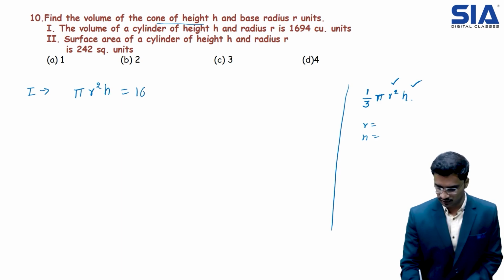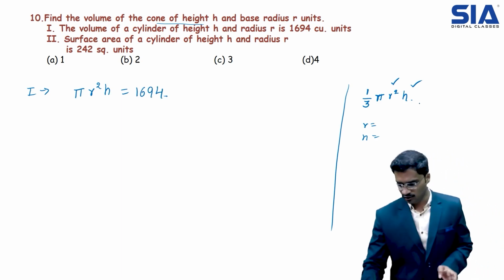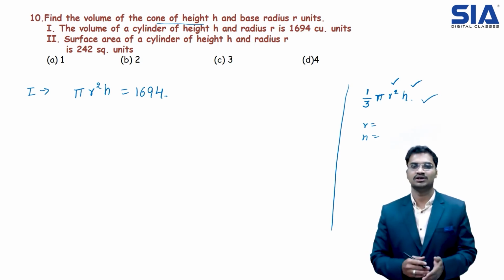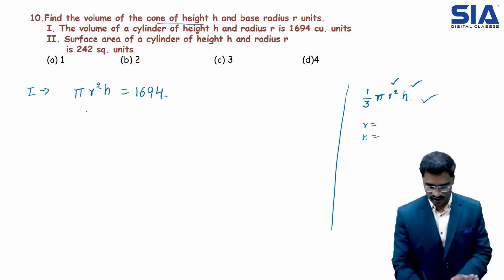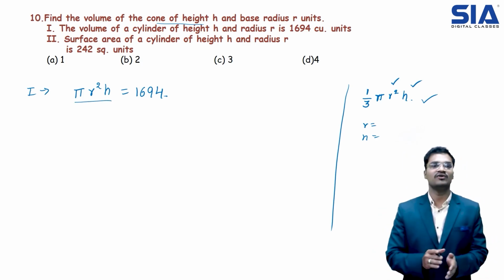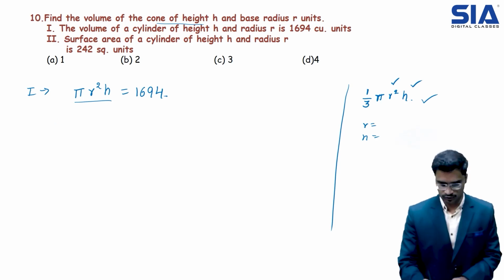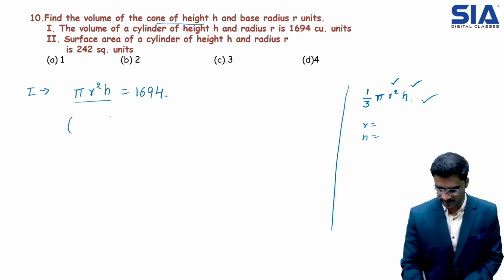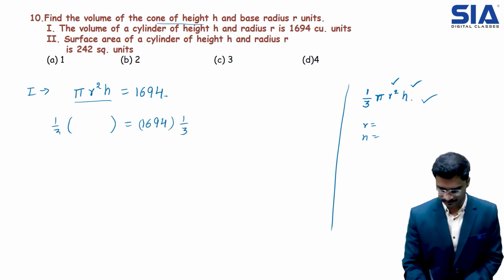It is given as 1694, but we want the volume of a cone. Volume of a cone is 1/3 pi r square h. Here we have already got the value of pi r square h. So if we want the volume of the cone, we simply multiply this by 1/3 on the left and on the right. So 1/3 pi r square h.